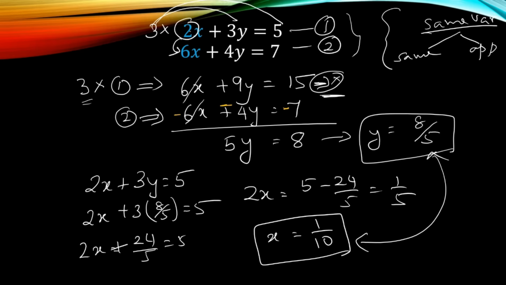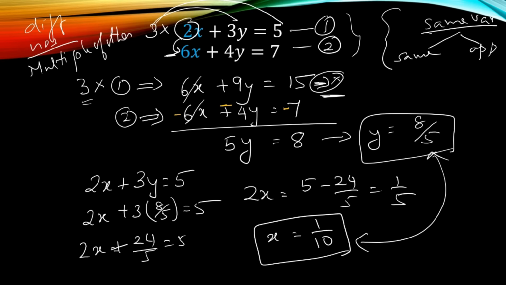So when they are different numbers but one is a multiple of the other, then multiply one of the equations to get the second number and match the coefficients and proceed. Even if you had a negative sign here, that's fine.